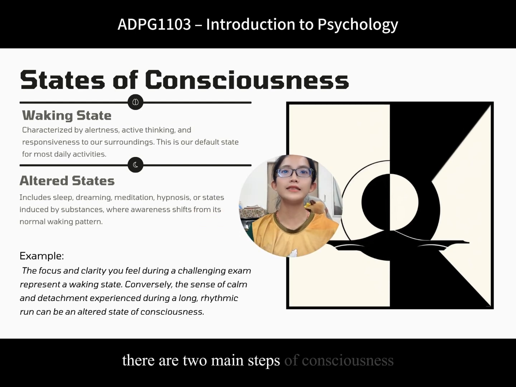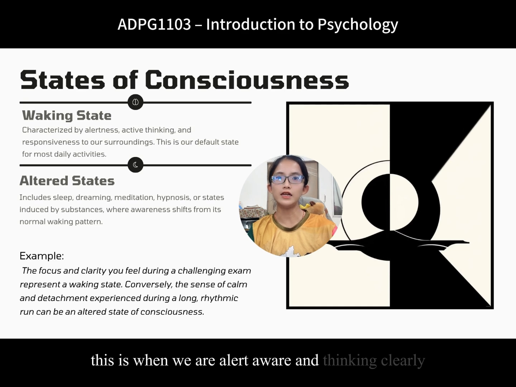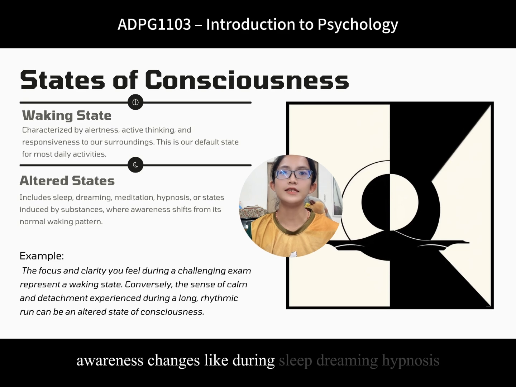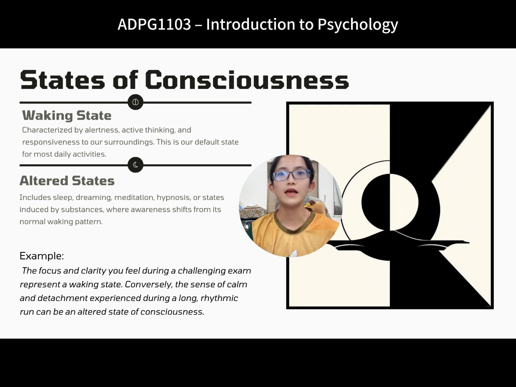There are 2 main states of consciousness. First, waking consciousness. This is when we are alert, aware, and thinking clearly, like when we have a conversation or are studying. Second, altered state of consciousness. This is when our awareness changes, like during sleep, dreaming, hypnosis, meditation, or daydreaming.